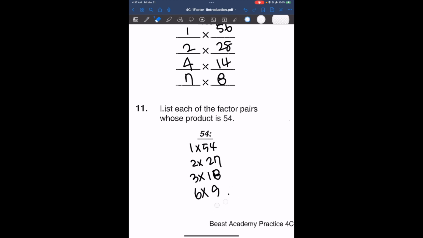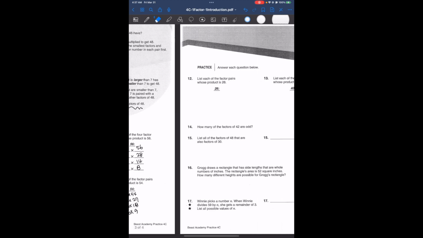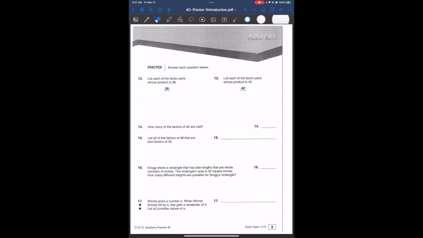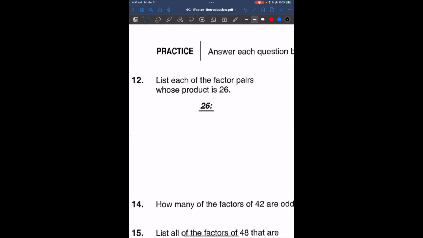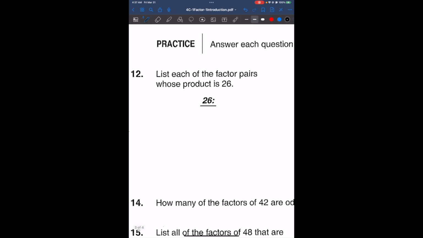And so we have 4 factor pairs. For problem 12, we're going to list factor pairs whose product is 26. So we have 1 and 26, 2 and 13. And then the next one is going to be 13 and 2, so that's also going to be repetition.